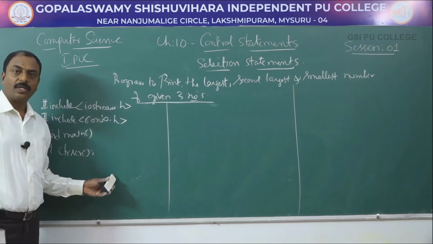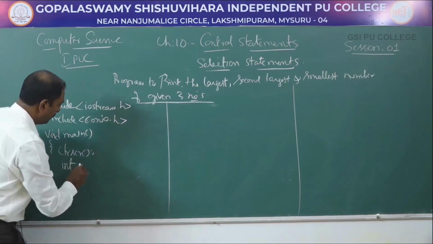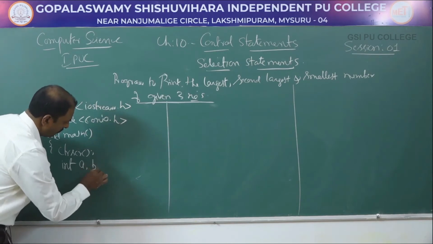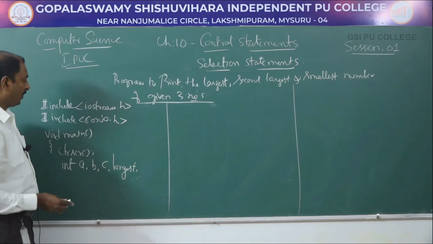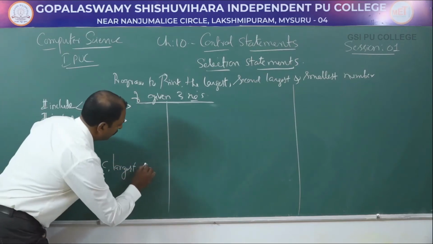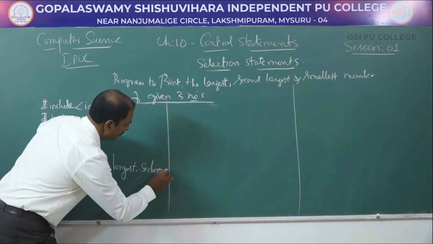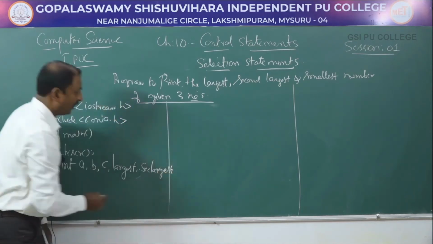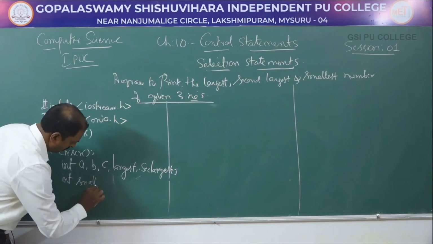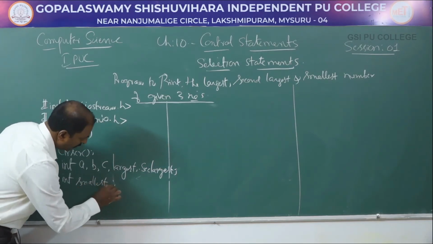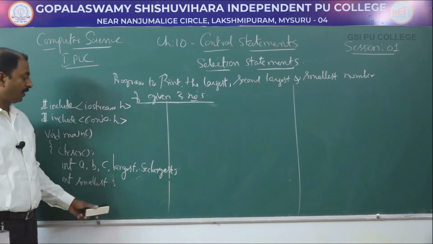The next step is to declare variables. Data type is int a, b, c. Largest is one variable, second largest is another variable, and then smallest. So the first step is to declare variables.